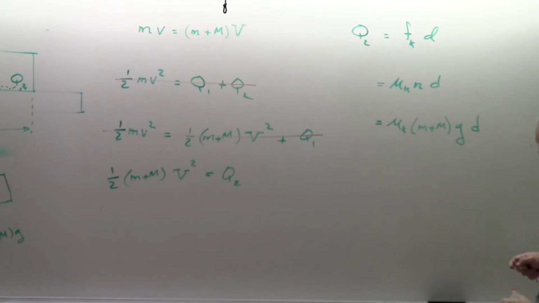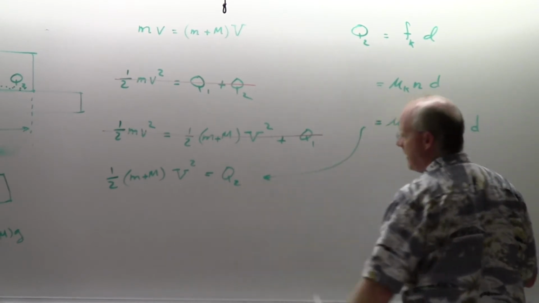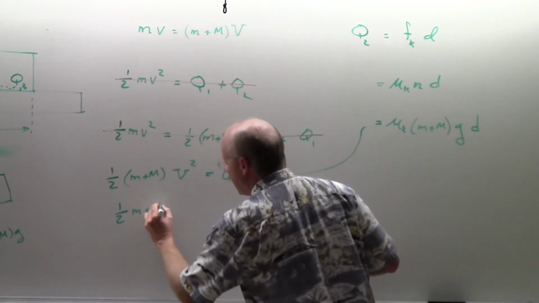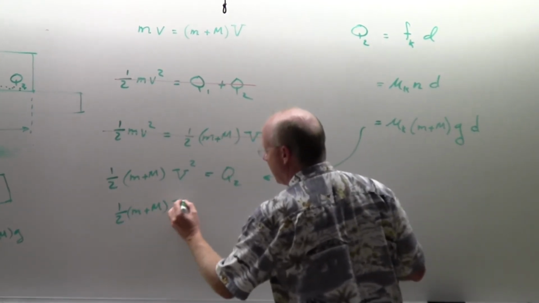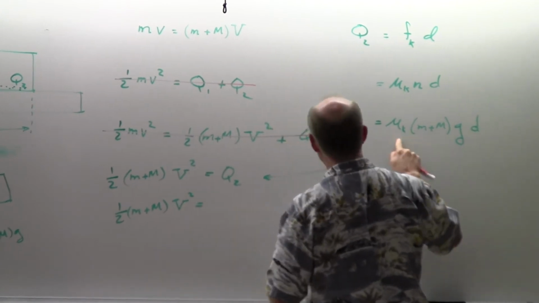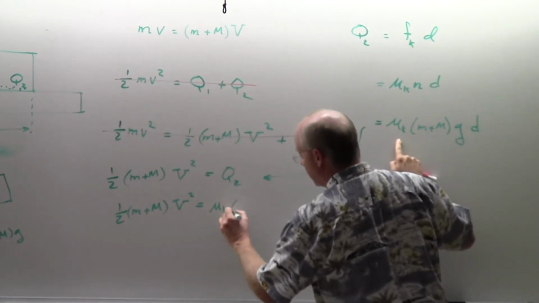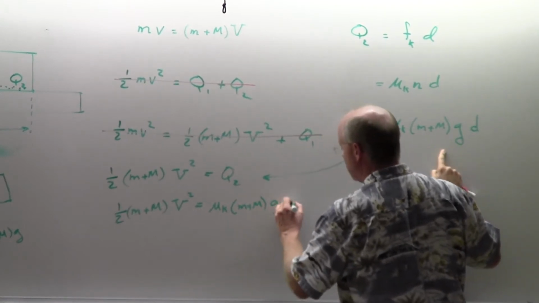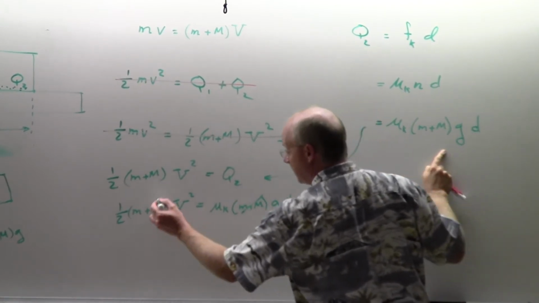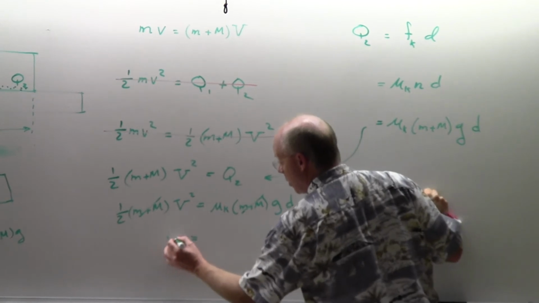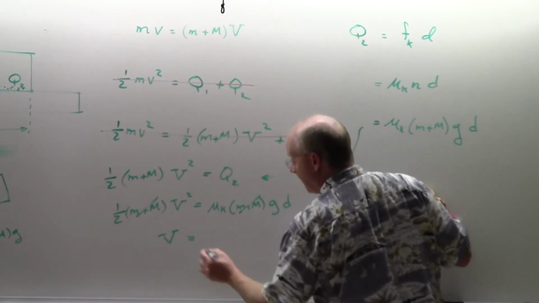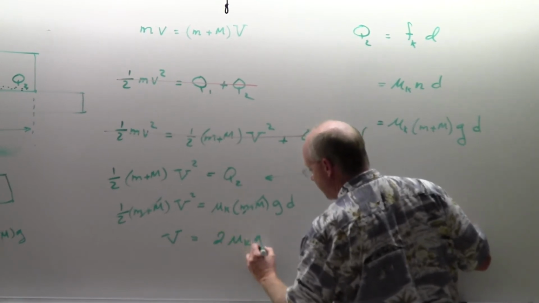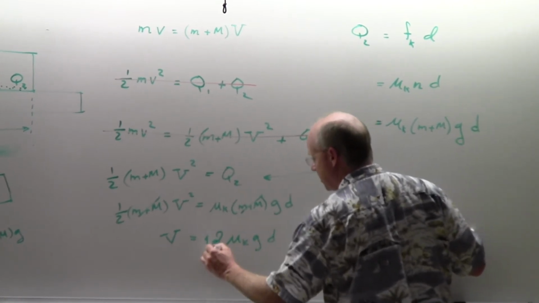So there's my Q2. And if I put that into here, I get one half little m plus big M times big V squared equals the coefficient of friction times little m plus big M times g times the distance traveled. And so big V, when I bring the 2 over to here, is the square root of 2 times the coefficient times g times the distance traveled.